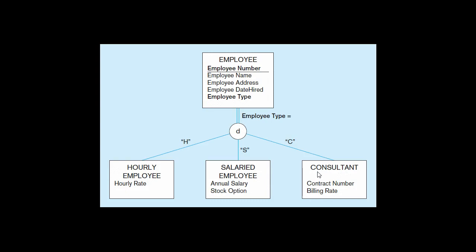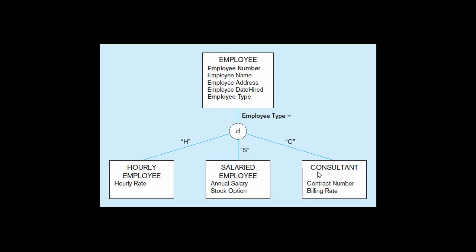Having more tables in your system really creates a lot of overhead, and a lot more processing requirements and the like. So we really want to avoid that as much as possible.